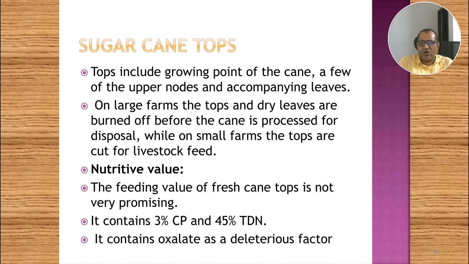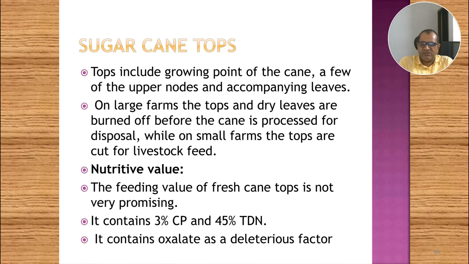Then sugarcane tops can also be included. After harvesting the sugarcane, a lot of tops are remaining, and these can be dried and stocked. And some farms dry the leaves and burn them off before the cane is processed for disposal, while on small farms the tops are cut for livestock feed.